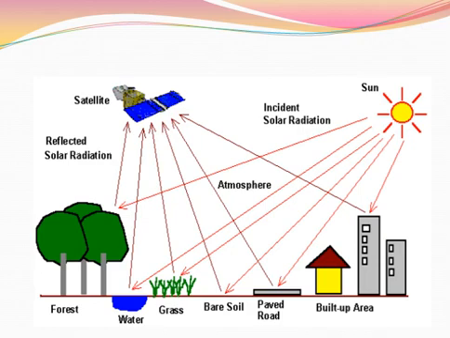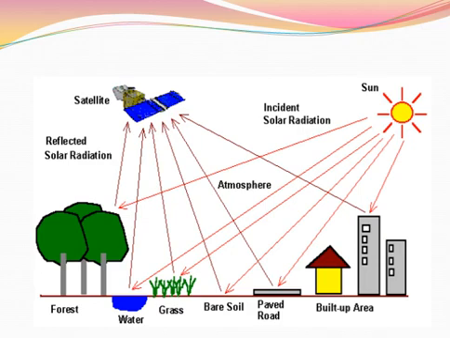Then platforms used for acquiring remote sensing data. Number one, aircraft, having low, medium, and high altitude, with a higher level of spatial detail. Then number two, satellite, that is polar orbiting, 800 to 900 kilometer altitude and 90 to 100 minutes per orbit.